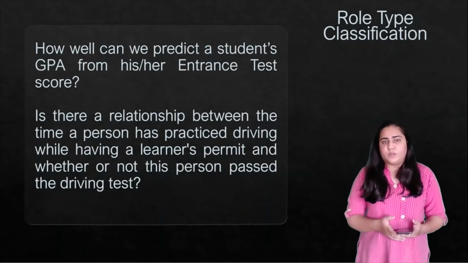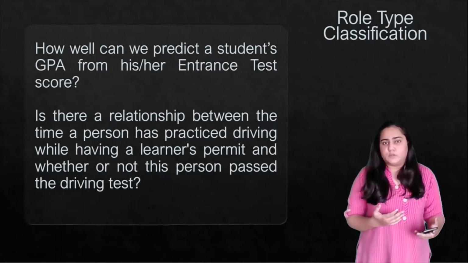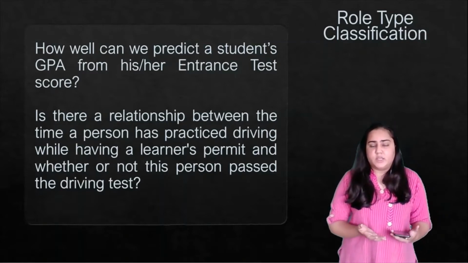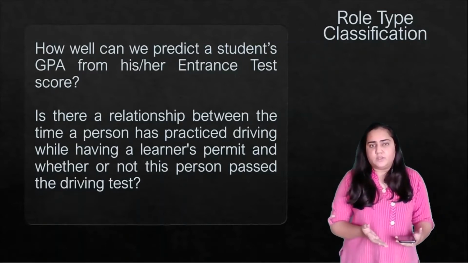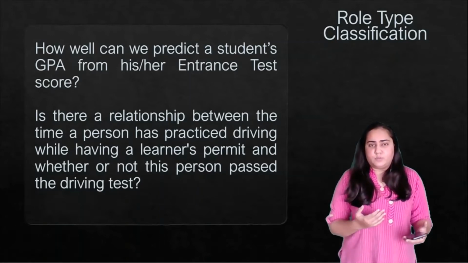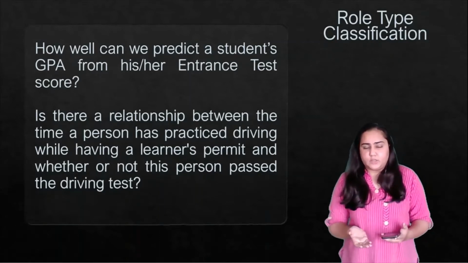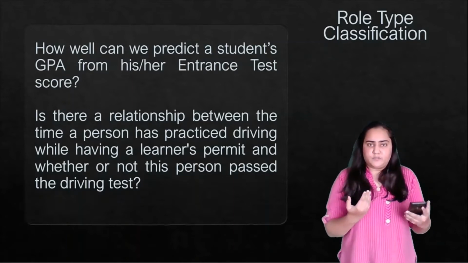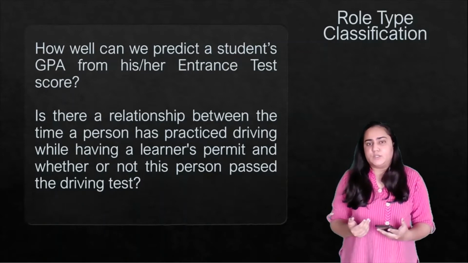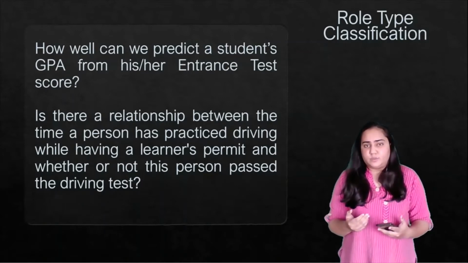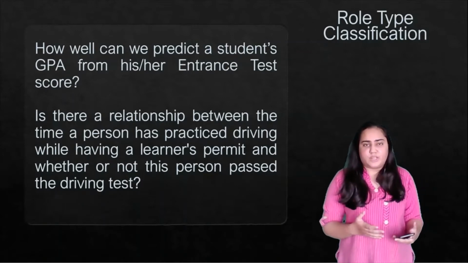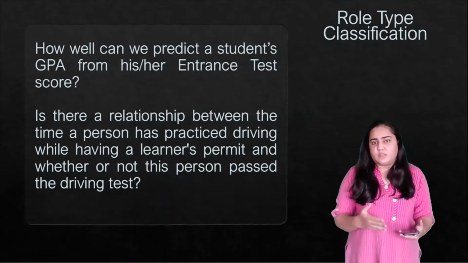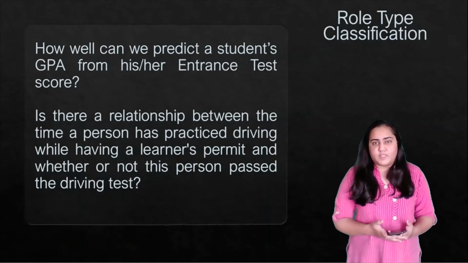There's also one more question, that is, is there any relationship between the time a person has practiced driving while having a learner's permit and whether or not this person passed the driving test? So we know that whenever a person applies for a driving license, they first get a learner's permit, and then they have to practice driving, and after a couple of months they can go to the driving test.